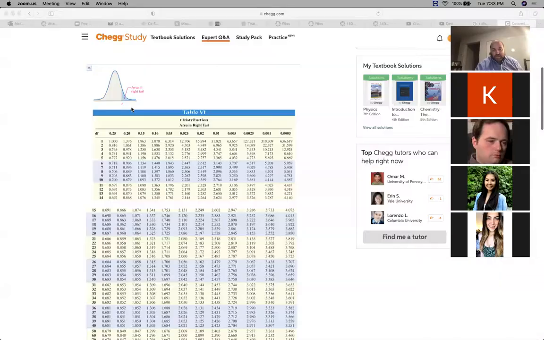So unlike Z star, T star depends on sample size. Yes, 100%. And the bigger the sample size, what do you think will happen to T star in comparison to Z star as the sample size gets larger?